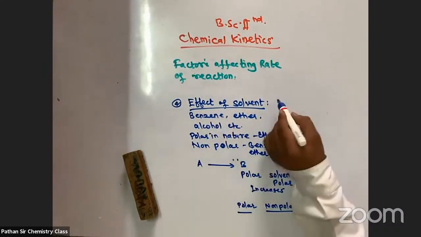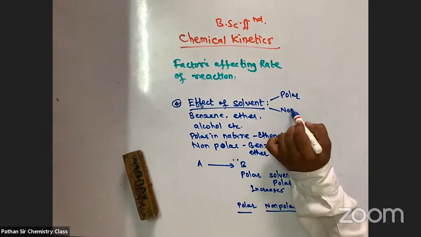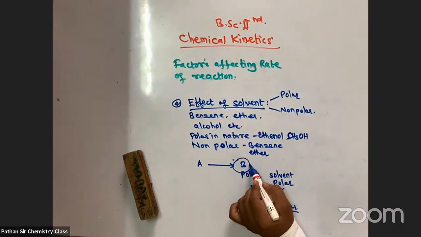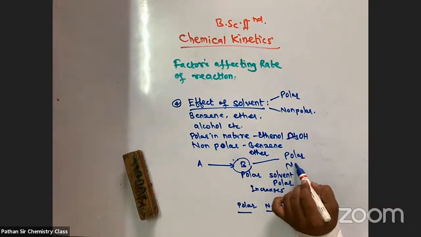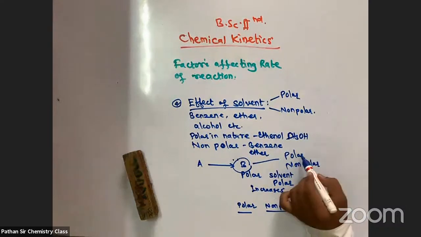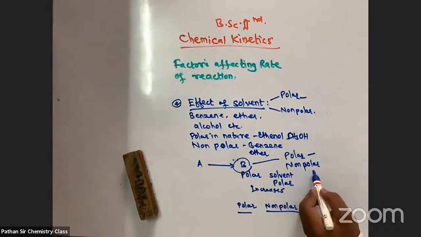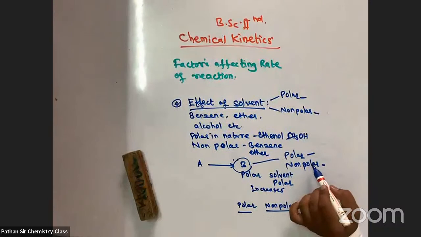Effect of solvent: you have to check whether that solvent is polar or non-polar. Then check the product, whether product B is polar or non-polar. If product is polar, solvent is polar, rate of reaction increases. If product is non-polar, solvent is non-polar, rate of reaction increases.